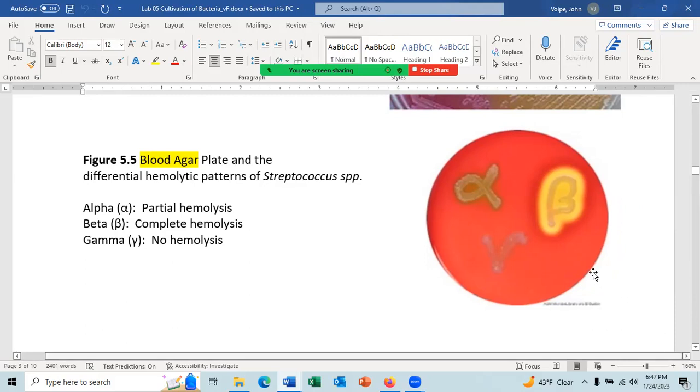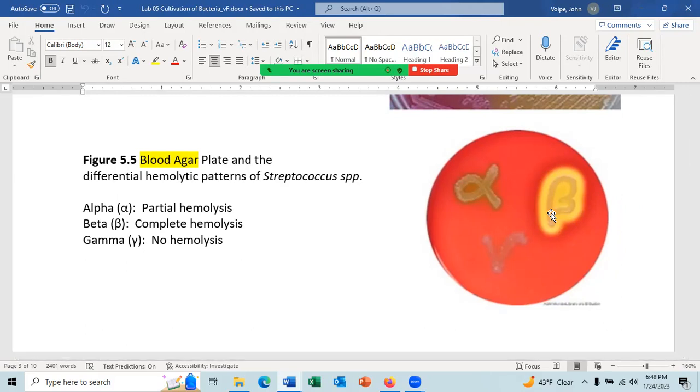Hemolysis is lysing the blood cells, and the white is the bacteria that was streaked on the plate, and then the clear region around it is beta hemolysis or complete hemolysis. And that's why it's not red, it's actually clear. You can actually hold this up to the light and see through it in the region of the complete beta hemolysis.